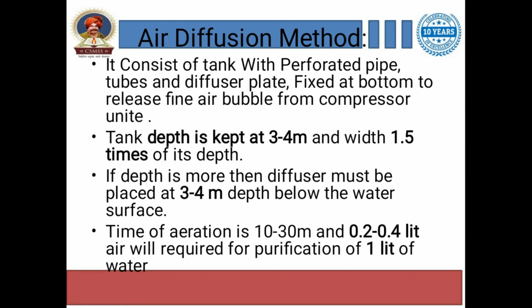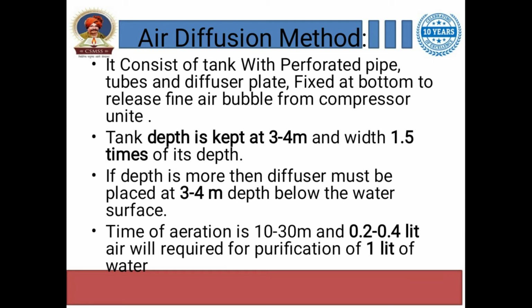Then we will study the air diffusion method, right? Air diffusion method. This is the third method. It consists of a tank with perforated pipes, tubes and plates fixed at the bottom to release fine air bubbles from a compressor unit, right?